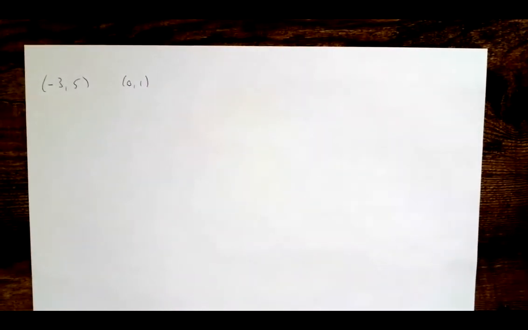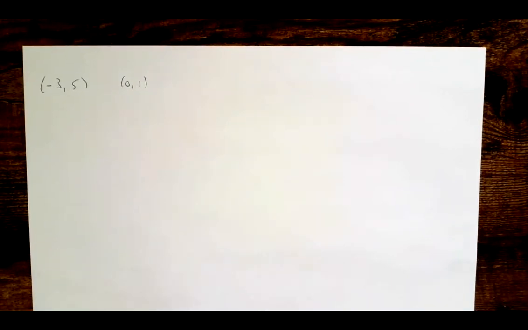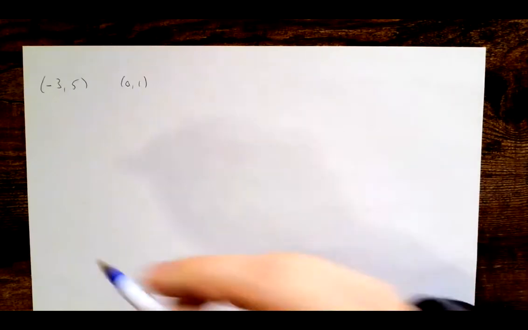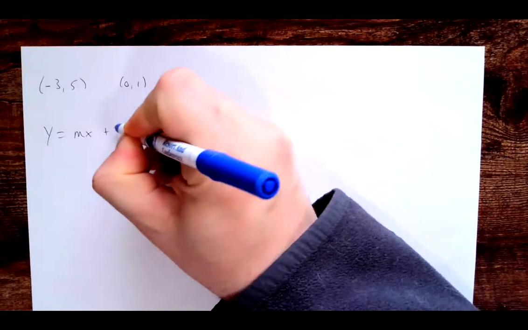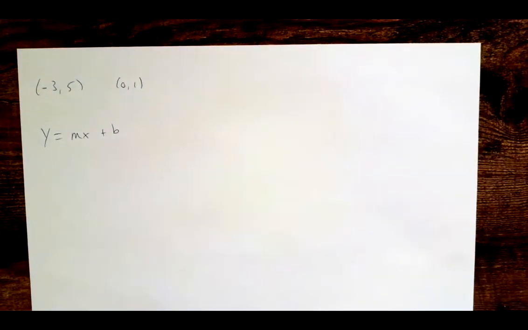There we go. So the question is, can you write the equation for the line that goes through the 2 points? And I'm going to write y equals mx plus b. I'm going to use slope-intercept form.